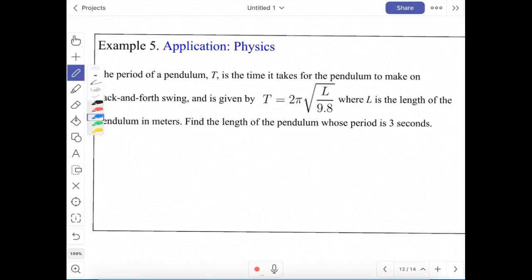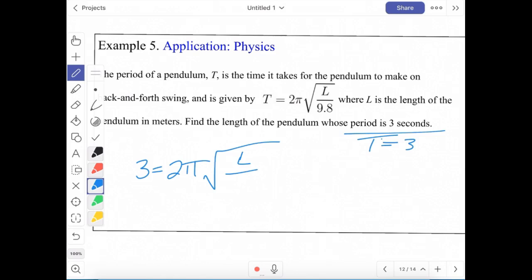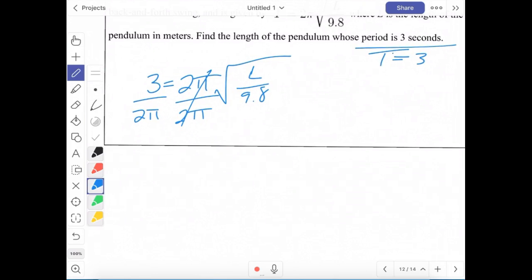So we already know that this goes with T, so T equals 3. I'm going to plug in a 3, and I'm going to solve this equation backwards. So we're going to divide by 2 pi. 3 over 2 pi is equal to the square root of L over 9.8.